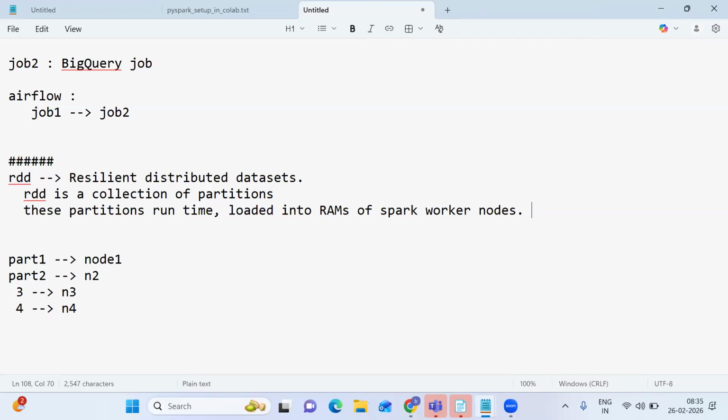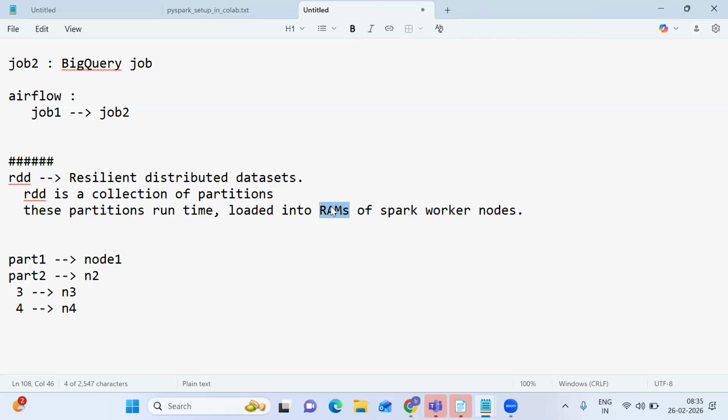I have 5 partitions in 5 different machines. If I have a very big volume of data, I have 100 partitions in 100 different machines. That too not on disk. Where? In RAM, because of in-memory computing. Because of in-memory computing, the data is directly loaded into these partitions in RAM.